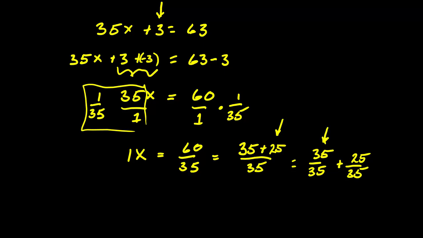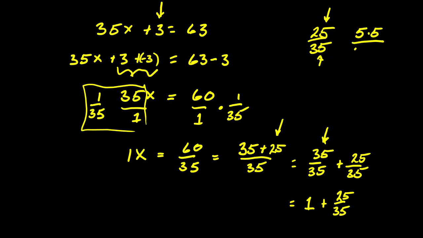Thirty-five divided by 35 is 1. And once again, we have 25 over 35. And 25 divided by 35. Since we have a 5 in the ones place, in both the numerator and the denominator, we can factor out a 5. 25 is going to be 5 times 5, and 35 is going to be 5 times 7.